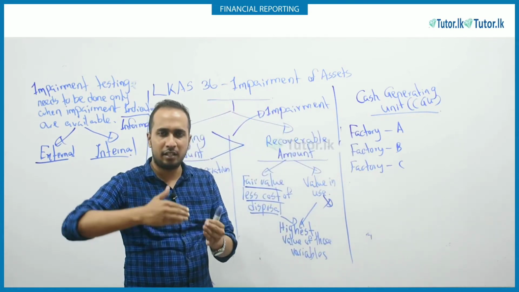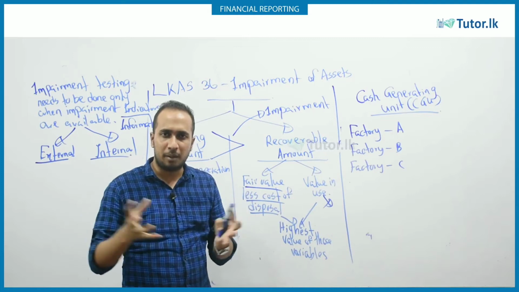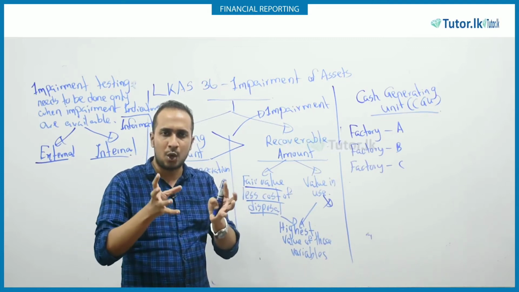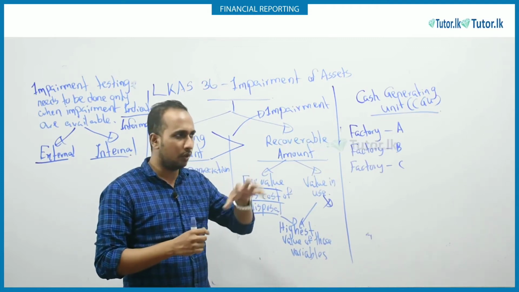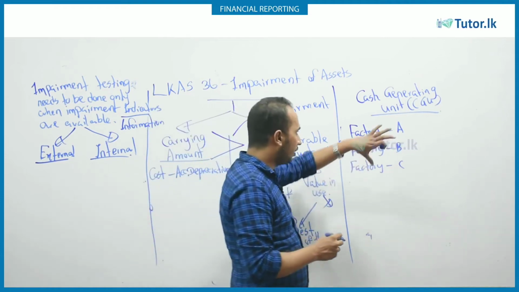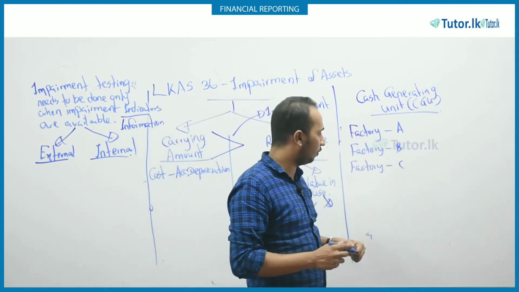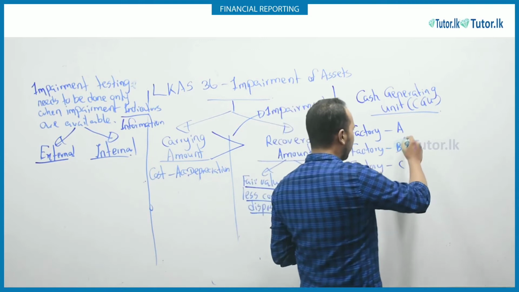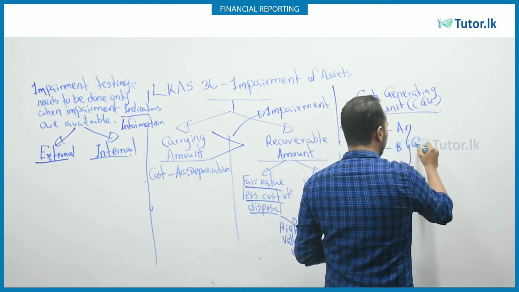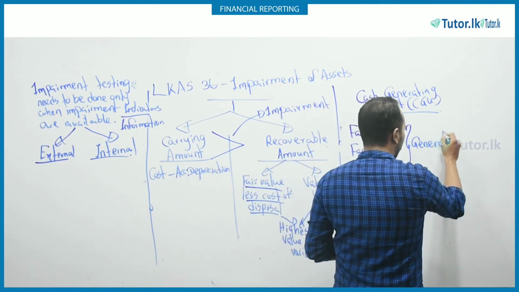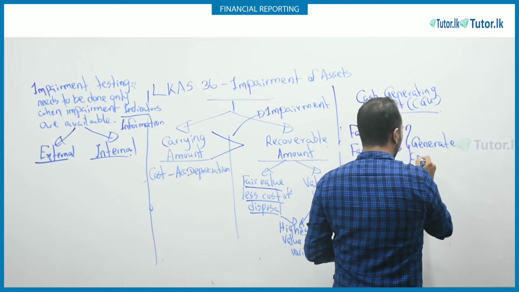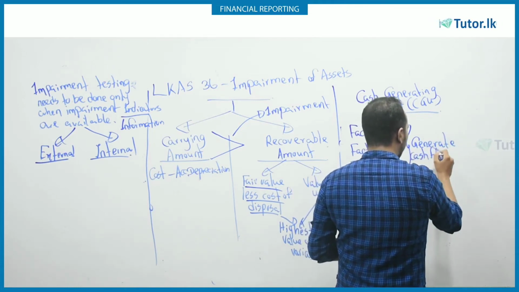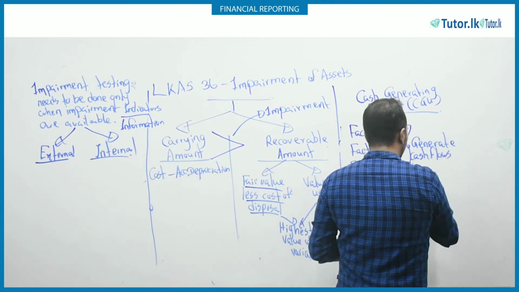There are buildings, machinery, computer equipment. Likewise, there are various types of assets. If we check the nature of these factories, all of them generate cash flows independently.